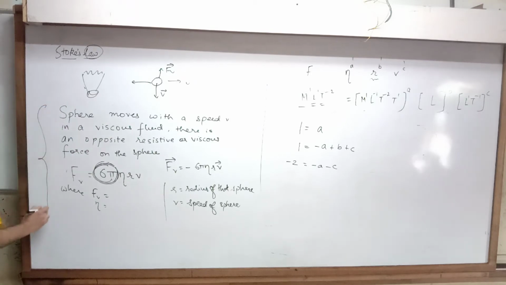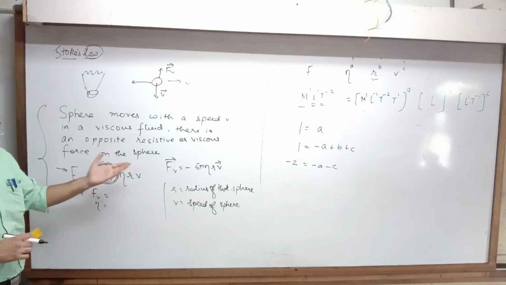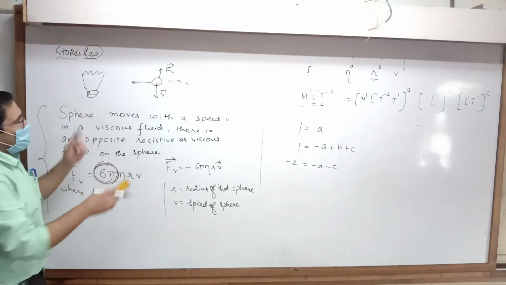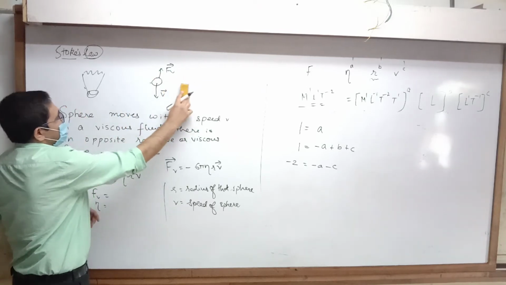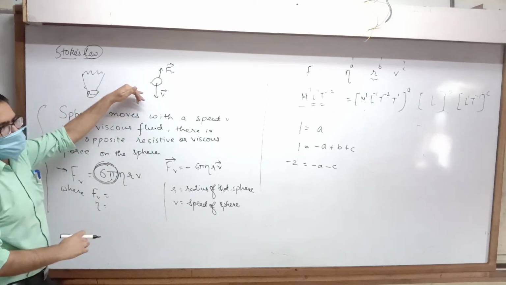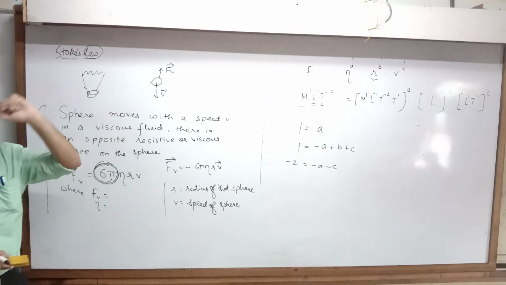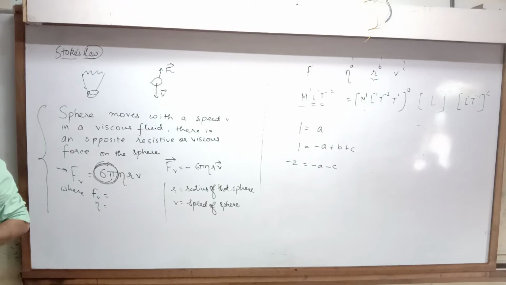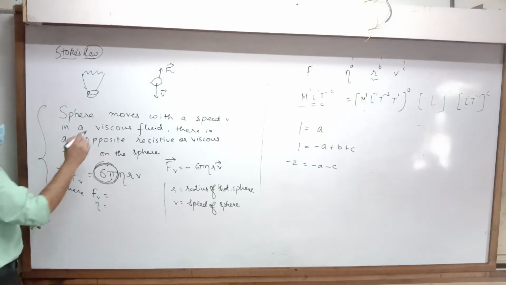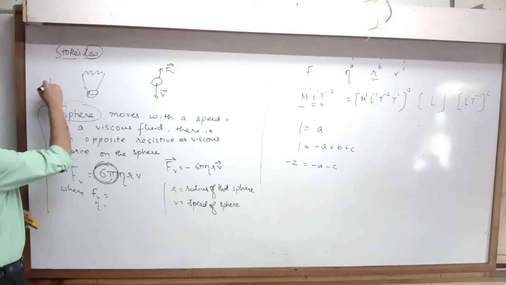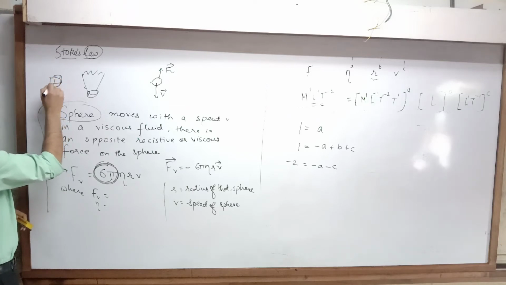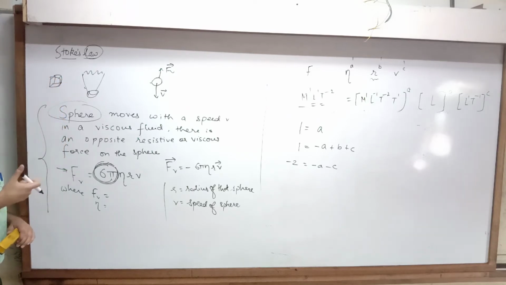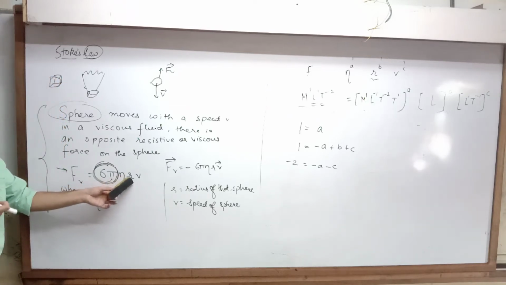So this is Stokes' law. If you just want to remember the formula, this is it. Again, don't forget what I have drawn in this diagram: if it's moving in one direction, then the resistive force is in the opposite direction. This is only valid for a sphere, mind you. Suppose there is a cube falling in water, then this is not applicable. Understood what I said?